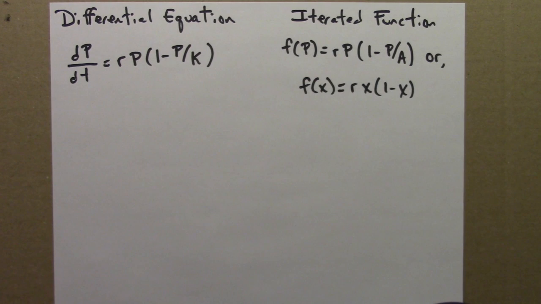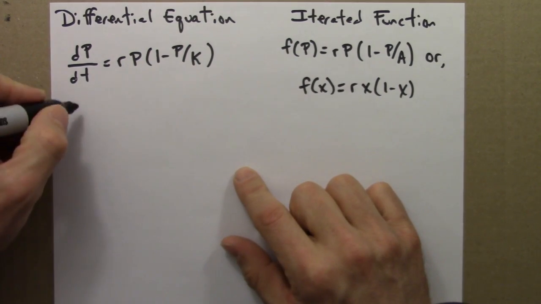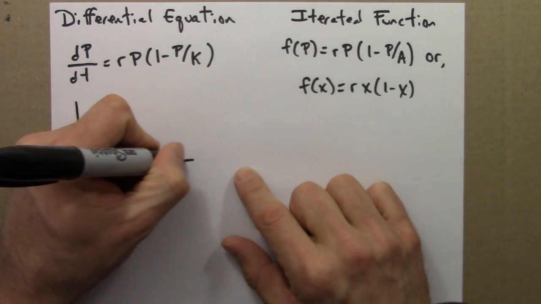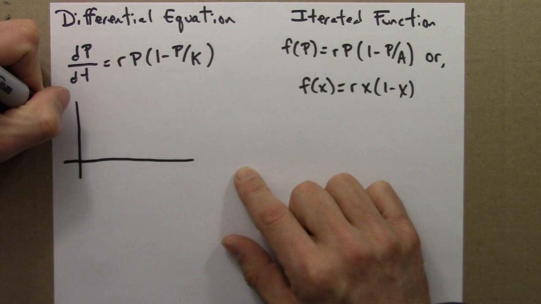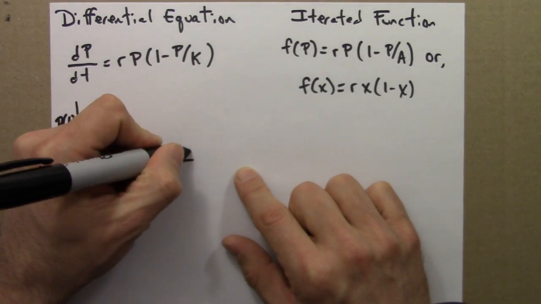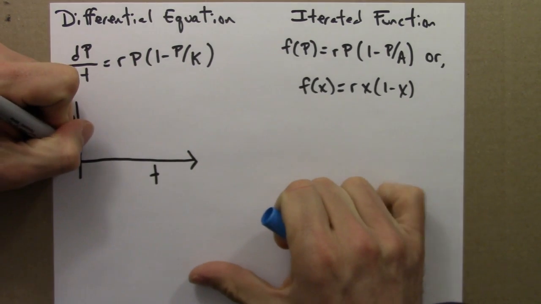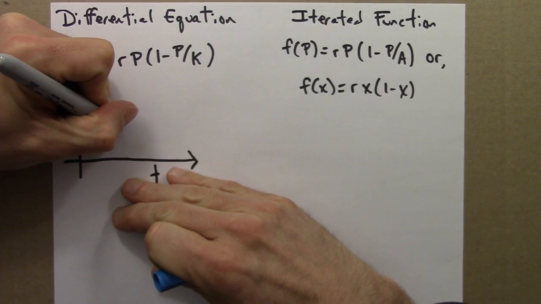So solutions to these iterated functions and differential equations have a different character. For differential equations, the solution is population as a function of time, and that would look, as we're seeing, maybe something like this.